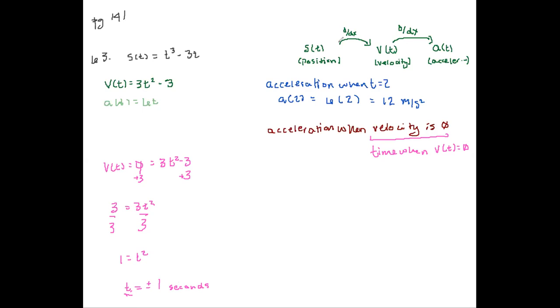So the only time in this function when velocity is equal to 0 is when t is equal to 1. So to find the acceleration when velocity is equal to 0, we find the acceleration at t is equal to 1, which turns out to be 6 meters per second.